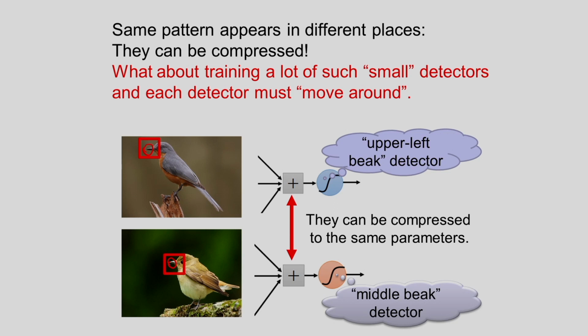So how to represent this? Suppose I consider this one, the upper left beak detector, and this one, the middle beak detector. Now these two can be combined, because they can be compressed to the same parameters, since this pattern is appearing in another position of the image.